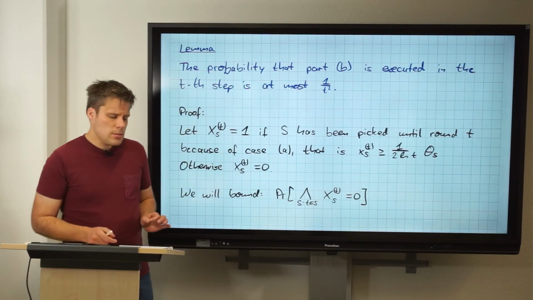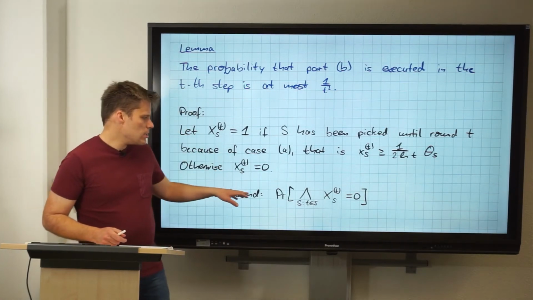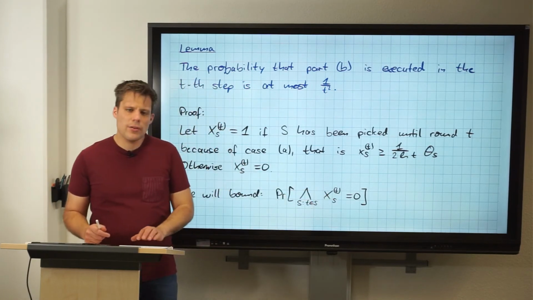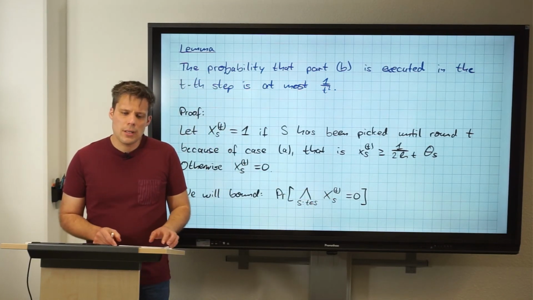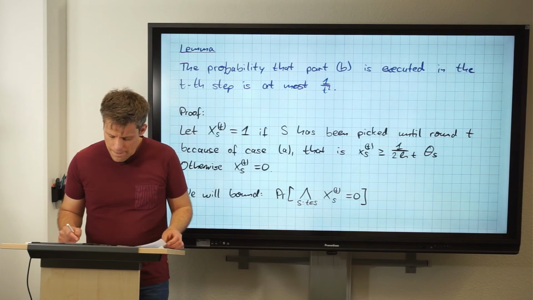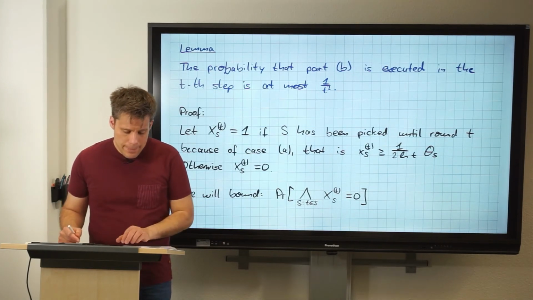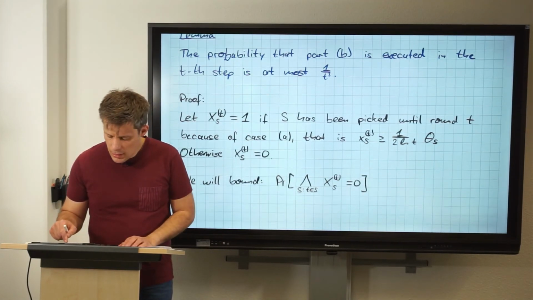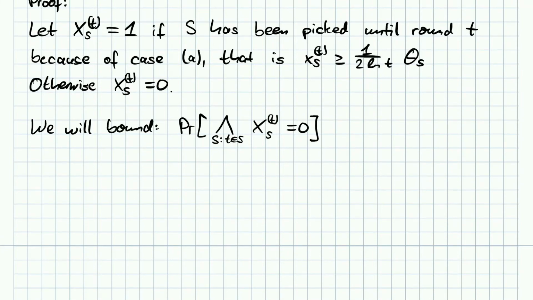Good. And to do so, let's bound each of these probabilities of a 0 individually. And let's first consider the case that 2 times ln t times small x_{S,t} is at most 1.